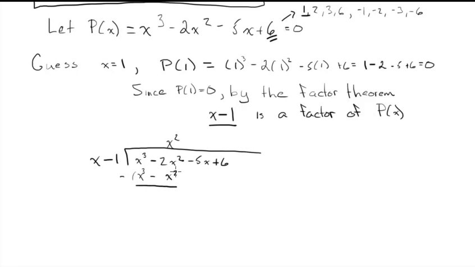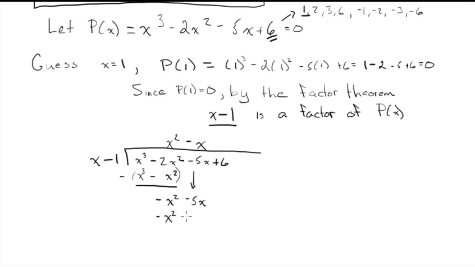Subtract. So these two go away. Minus 2x squared minus minus x squared is minus x squared. Bring down the minus 5x. What times x gives us minus x squared? That'll be minus x. So multiply minus x by this binomial.